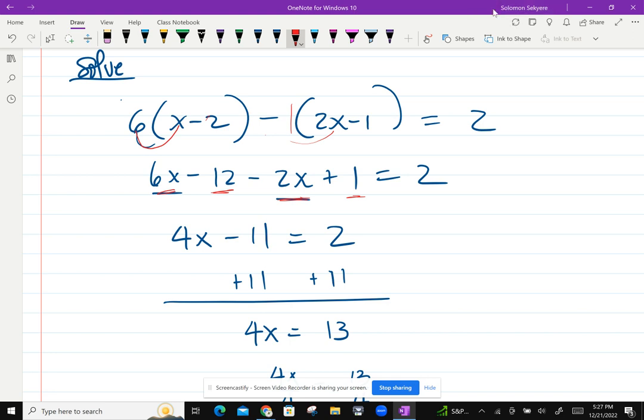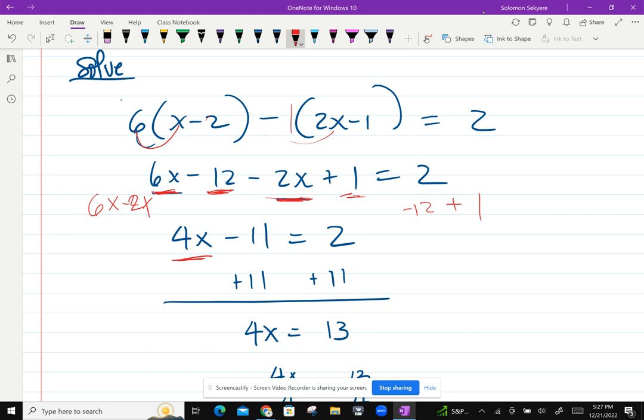Okay. Now on the left, I need to combine all like terms. I see 6x and negative 2x. When I bring them together, I get 4x. And then negative 12 plus 1 becomes negative 11.